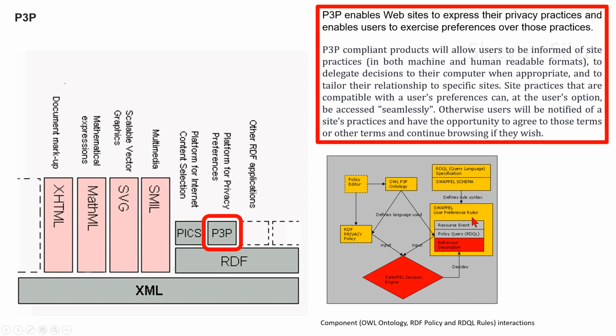Here is the resource event here, and policy query RDQL here, behavior description is here, and then the RDF privacy policy and SWAPPEL are moving as an input to the SWAPPEL decision engine, and then it decides the behavior description.